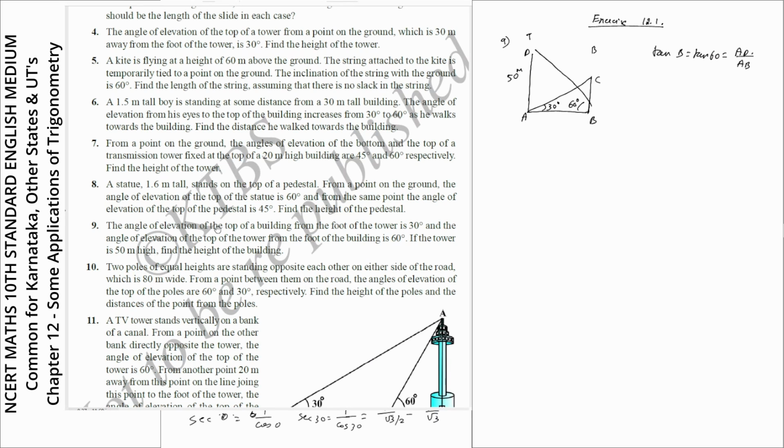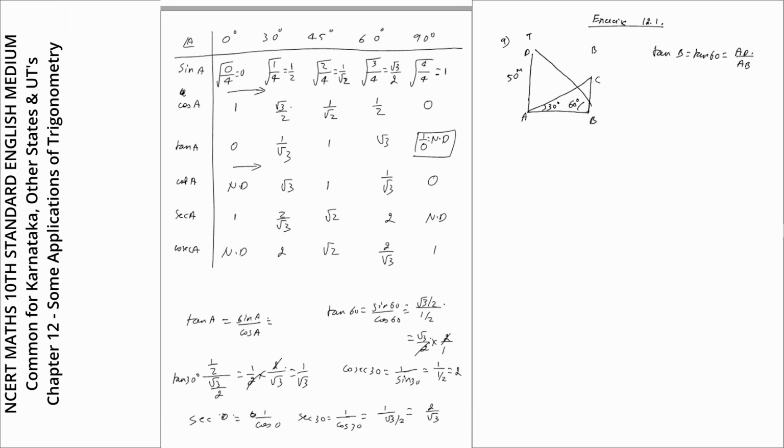So what is the value of tan of 60 degree? So you can see in the chart, tan of 60 degree is root 3. So root 3 is equal to AD, we know it is 50 meter, by AB is unknown. So AB is equal to 50 by root 3.